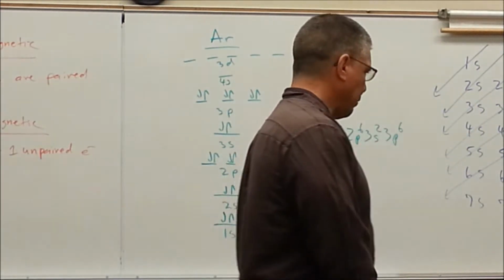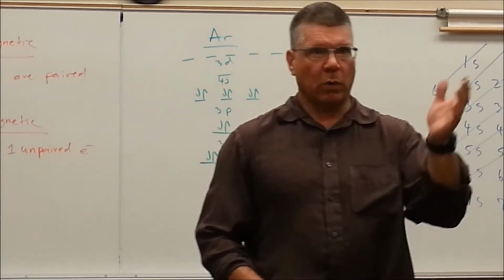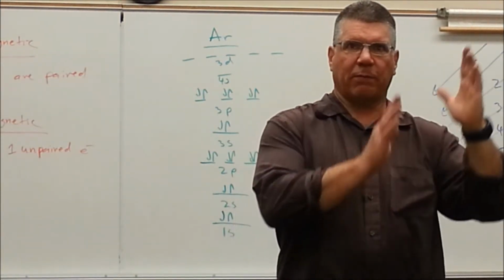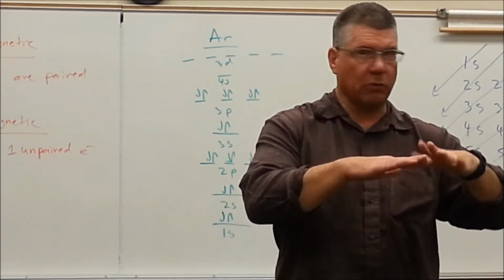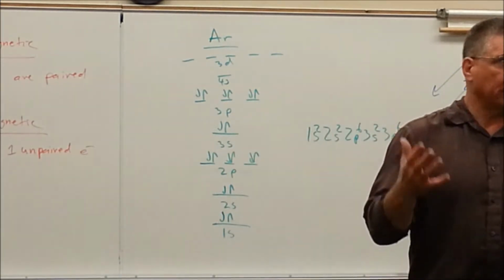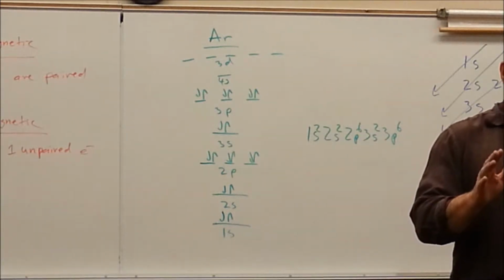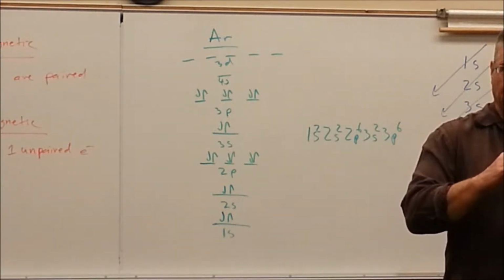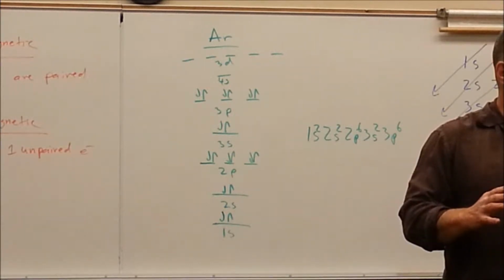So if we have two electrons that are paired, one spinning up, one spinning down, their magnetic fields will cancel out, right? And there's no overall magnetic field, and it acts like there's no magnet there. But if you have one or more that's not paired, there's going to be a magnetic field that's not canceled out, and it's going to act like a magnet.